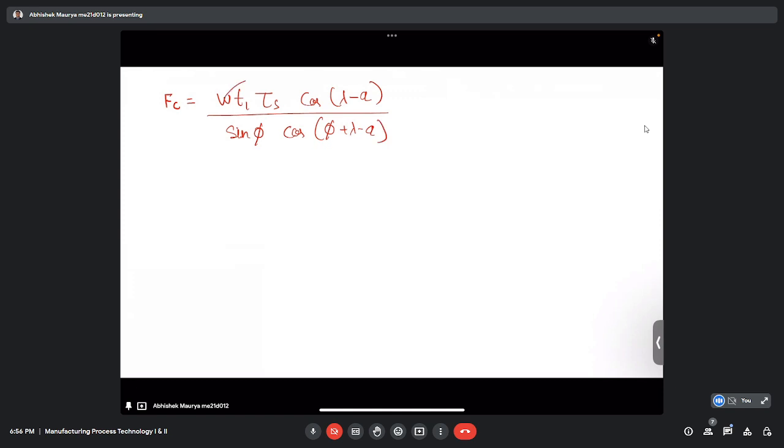Here w is the width of the chip, t1 is the uncut chip thickness, lambda is the friction angle, phi is the shear angle, and alpha is the rake angle. So this is the cutting force.